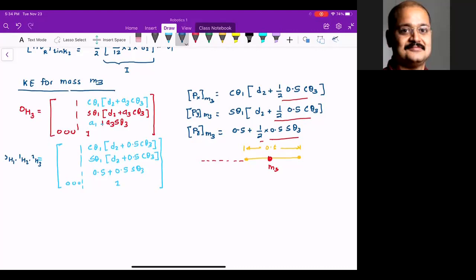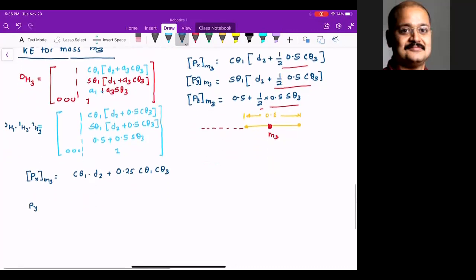I have to differentiate this entire equation. Easiest way to differentiate, if you don't want to make mistakes, is I will write this down: Px of M3 is cosine theta 1 d2 plus 0.25 cosine theta 1 cosine theta 3.